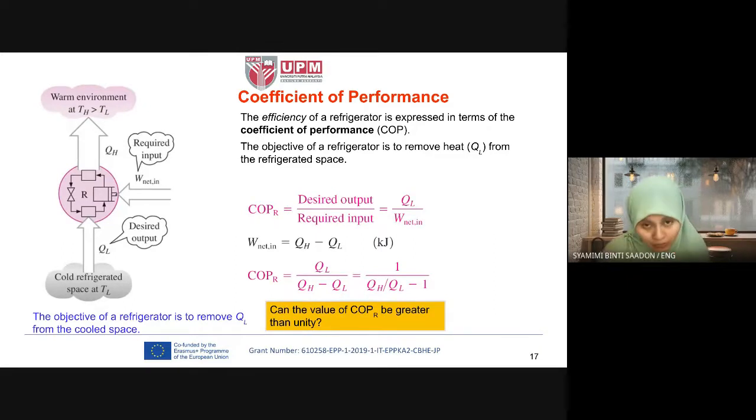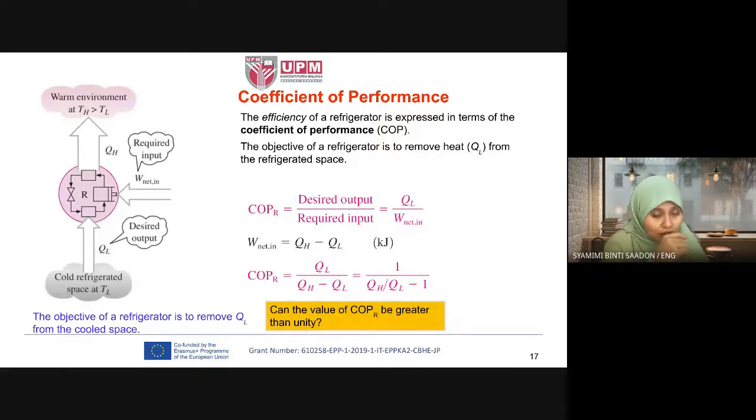So to evaluate the performance of a refrigerator and heat pump, we don't use thermal efficiency, like just now for the normal heat engine. For refrigerator and heat pump, we use the term coefficient of performance, or COP.